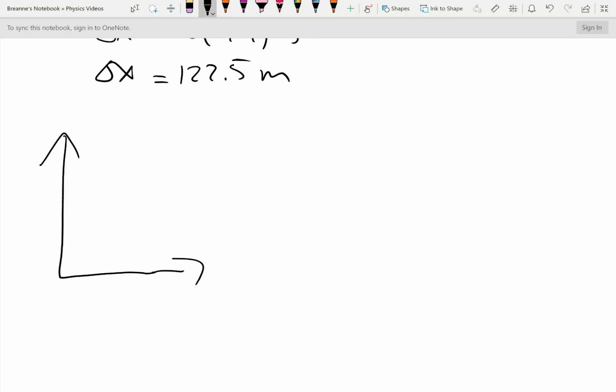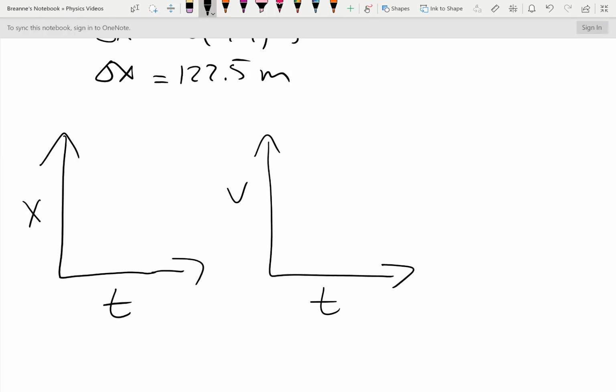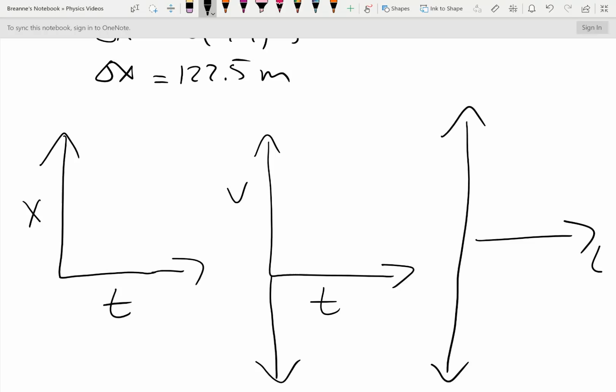So this is a position time graph. This is a velocity time graph. And this is going to be our acceleration time graph.